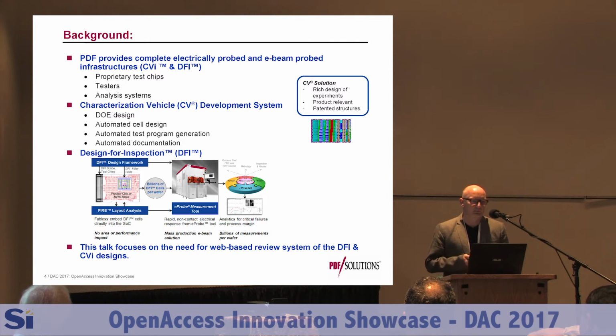It is composed of proprietary test chips, test systems, both electrical and e-beam, and entire analysis systems. The characterization vehicle development system comprises everything from DOE design to automated cell design, automated test program generation, automated documentation, and so forth.